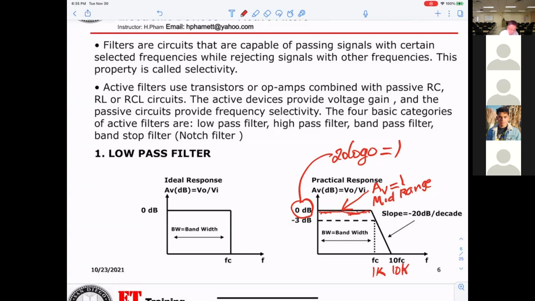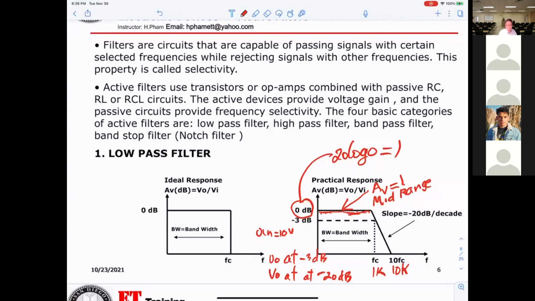Okay, so if I give you V in 10 volt, I want to know V out at minus 3 dB, and what V out at minus 20 dB. You can do the calculation and tell me. Input is 10 volt, and I want to know V out at minus 3 dB.